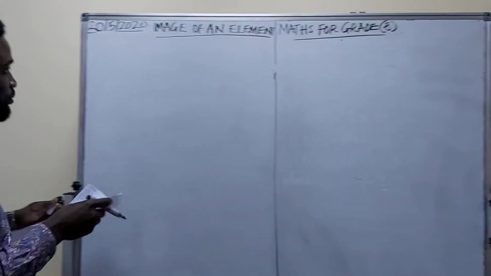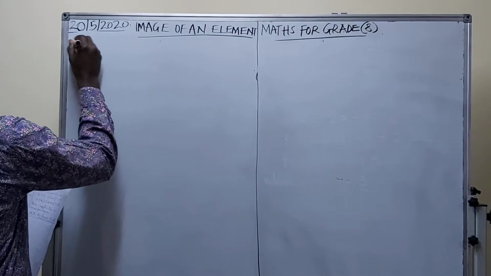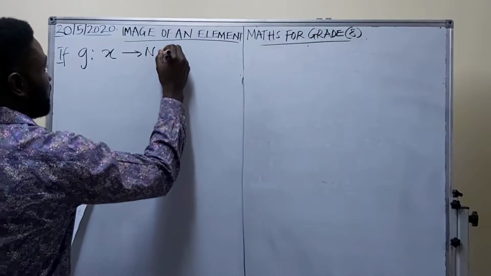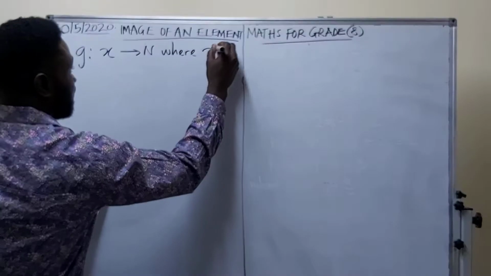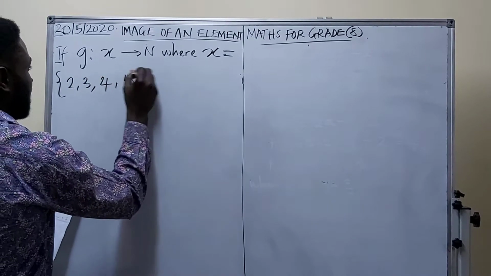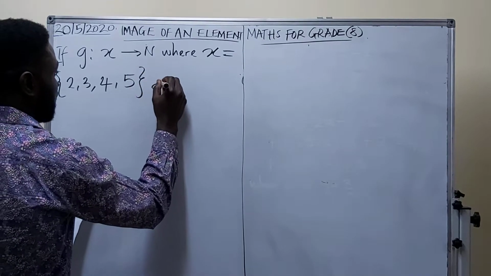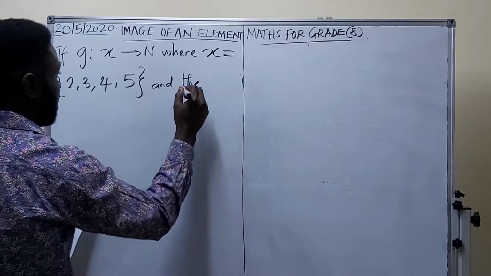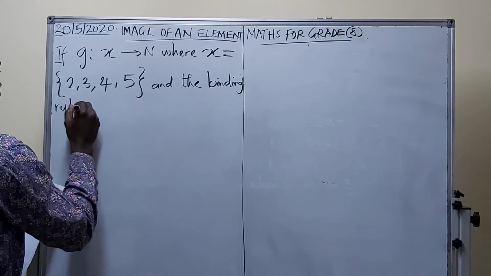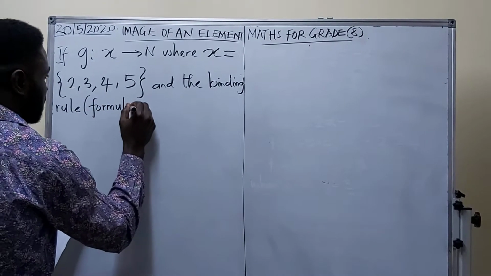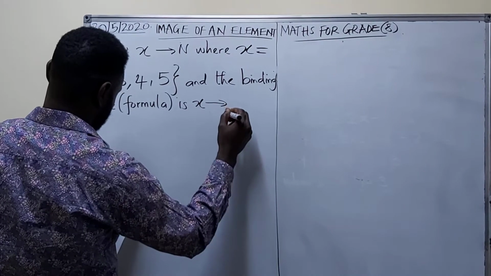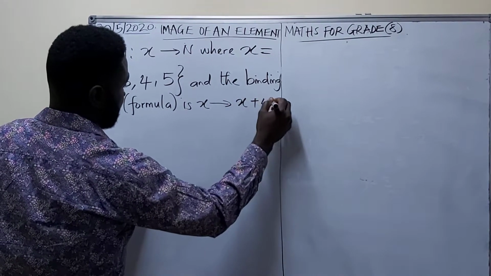So, still on the image of an element, if G is such that X binds with N, where X equals 2, 3, 4, and 5, and their binding rule, or formula, is X then X plus 4.